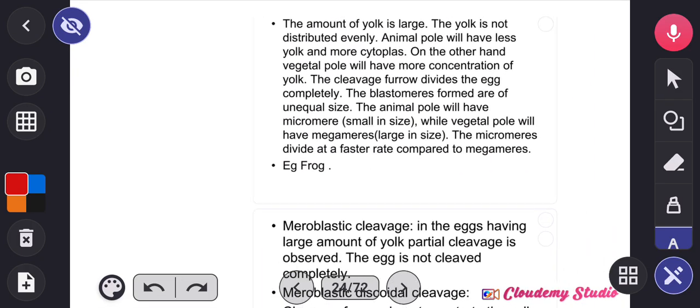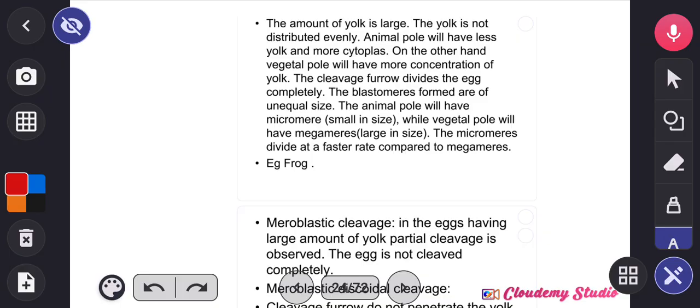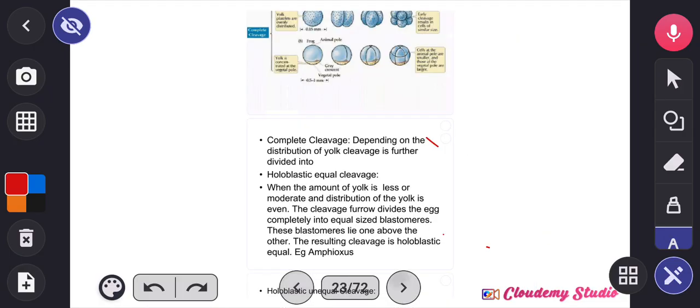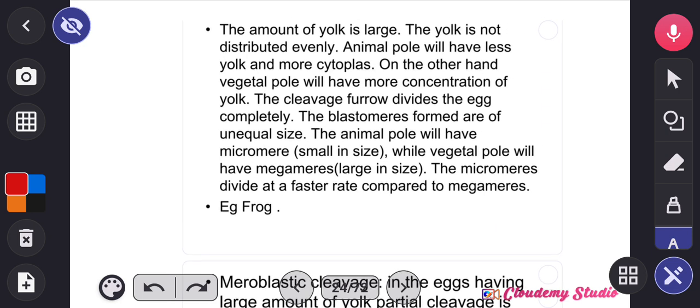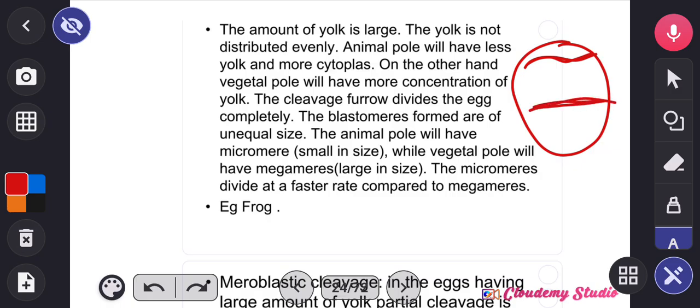So we also have the holoblastic unequal cleavage, and this happens when the amount of yolk is large, but the yolk is not evenly distributed. There will be less yolk at the animal pole, like I've explained to you. The animal pole is going to have less yolk, and the vegetal pole is going to have more yolk.